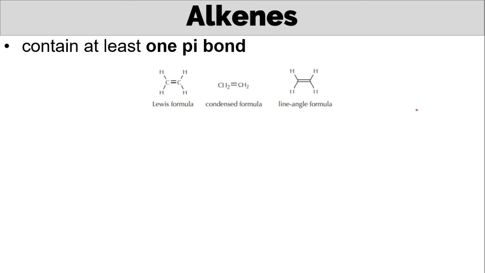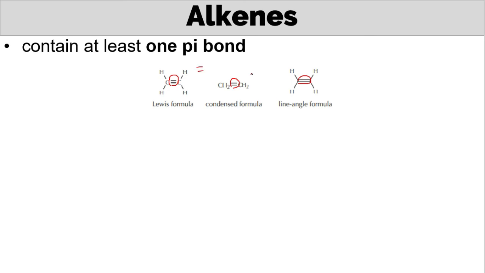Notice that although C-H bonds are not usually shown in line angle formulas, sometimes they are included for enhanced clarity. Alkenes have a double bond. Just be cautious about the Lewis representation. They do not differentiate the sigma bond and the pi bond.